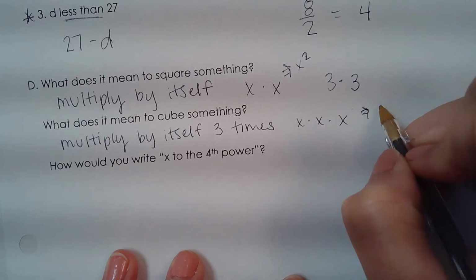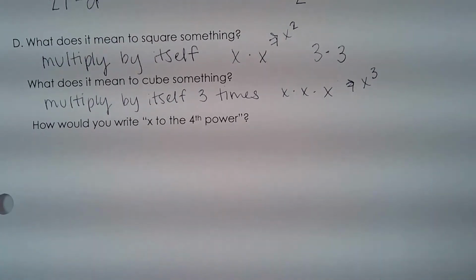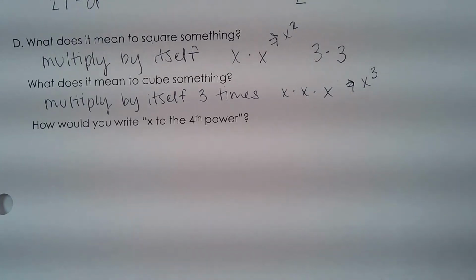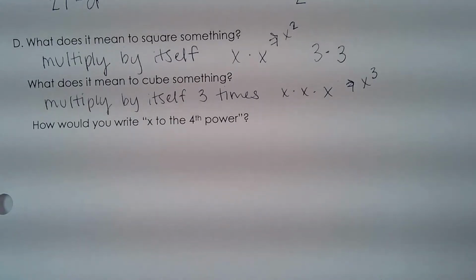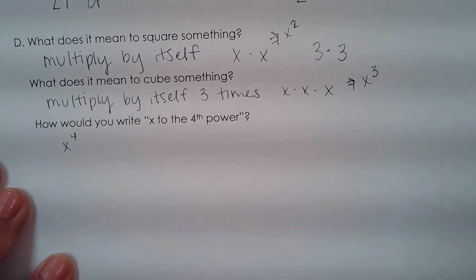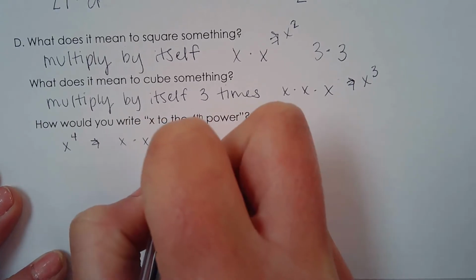X cubed. So the last part, how would you write x to the fourth power? X with a 4 exponent. And what does that mean? X times x times x times x.